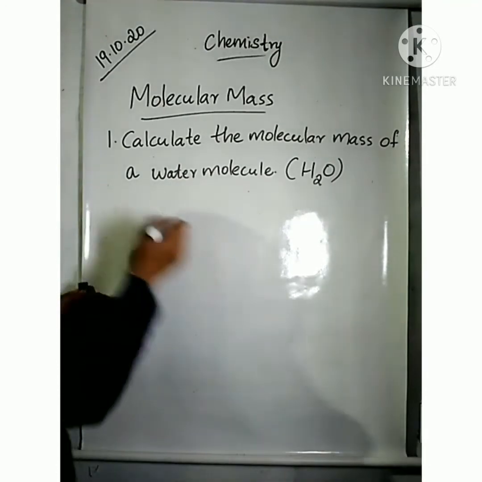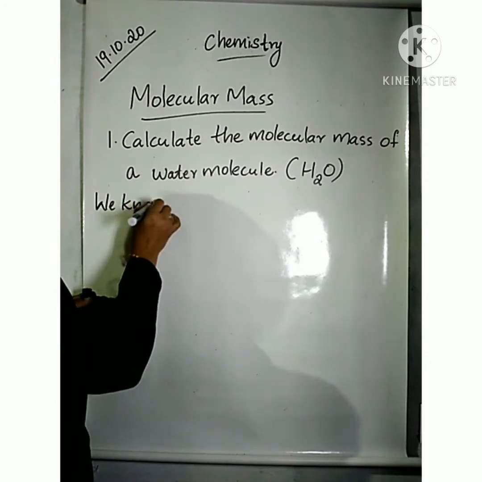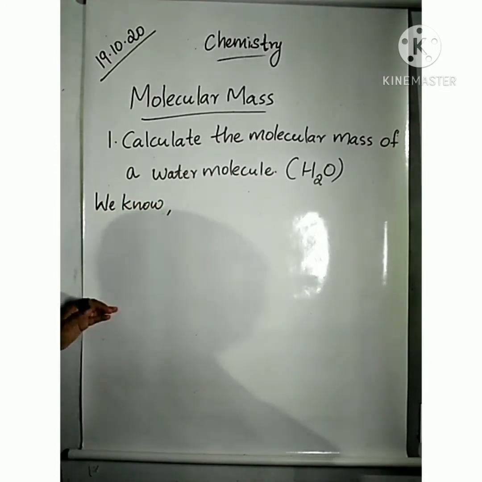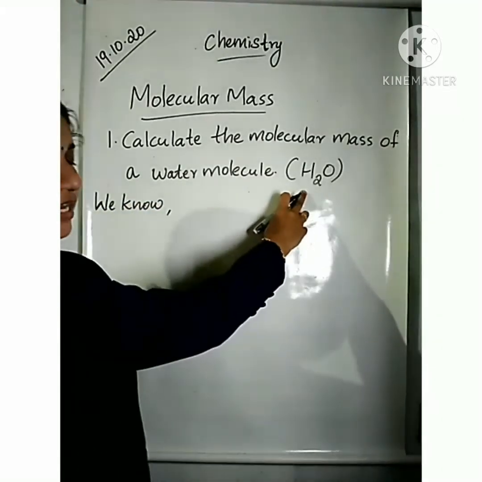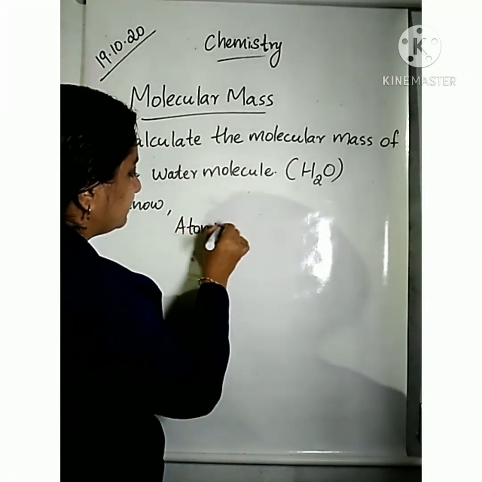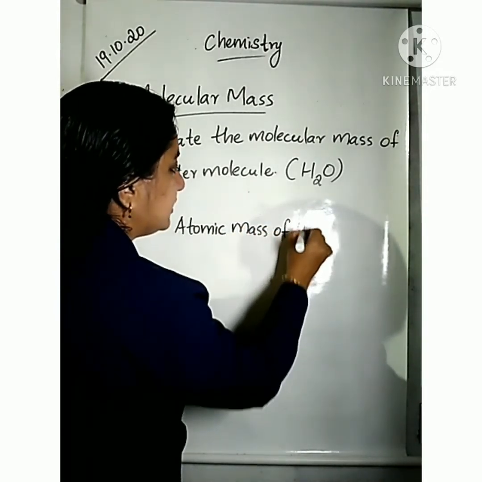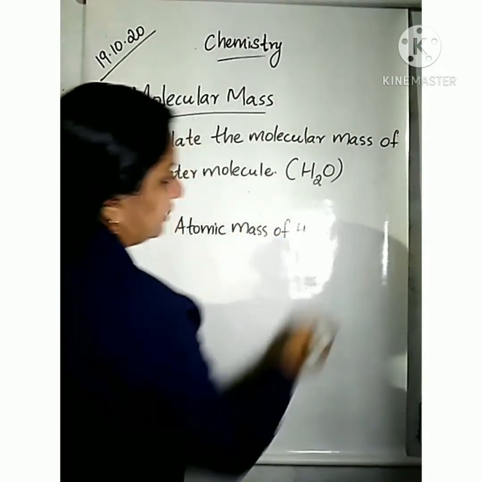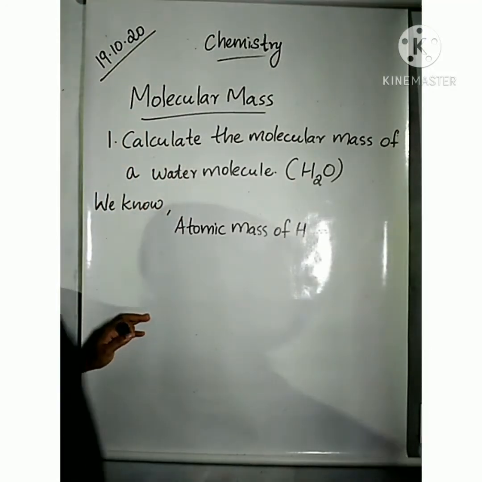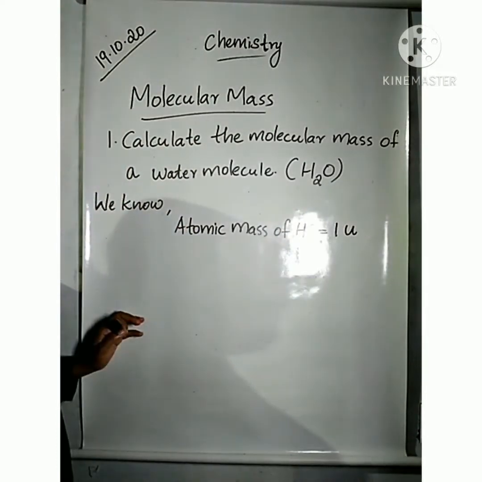Then, first step, we know the atomic mass of hydrogen atom. Atomic mass of hydrogen atom is 1 atomic mass unit.